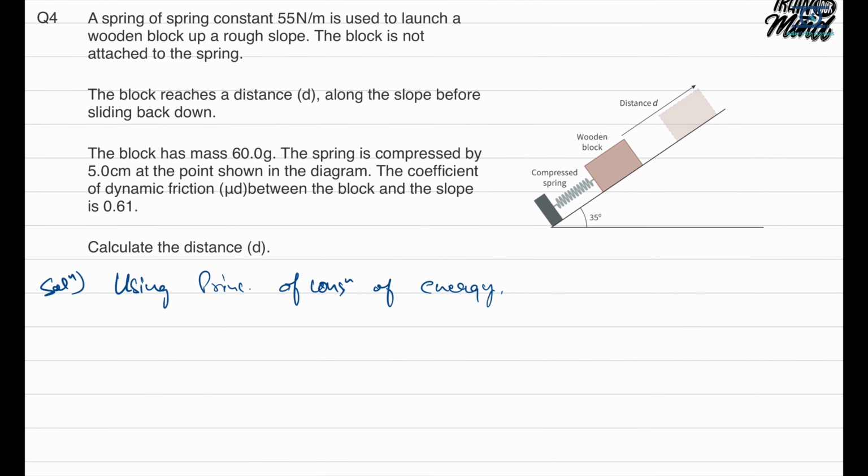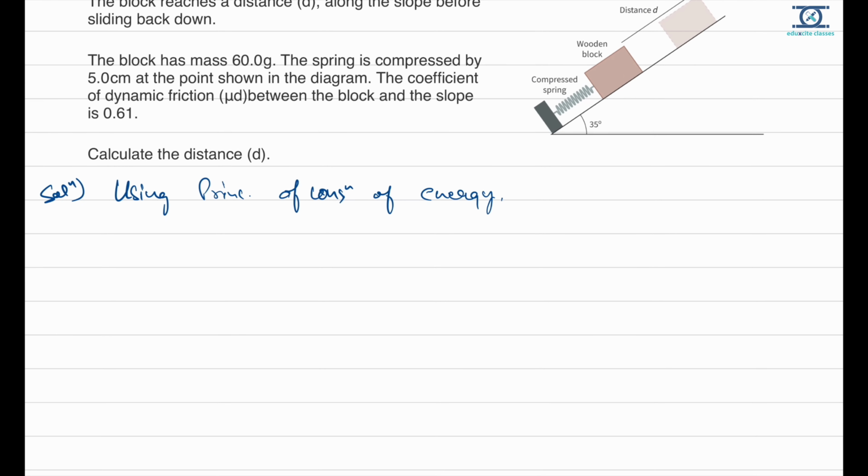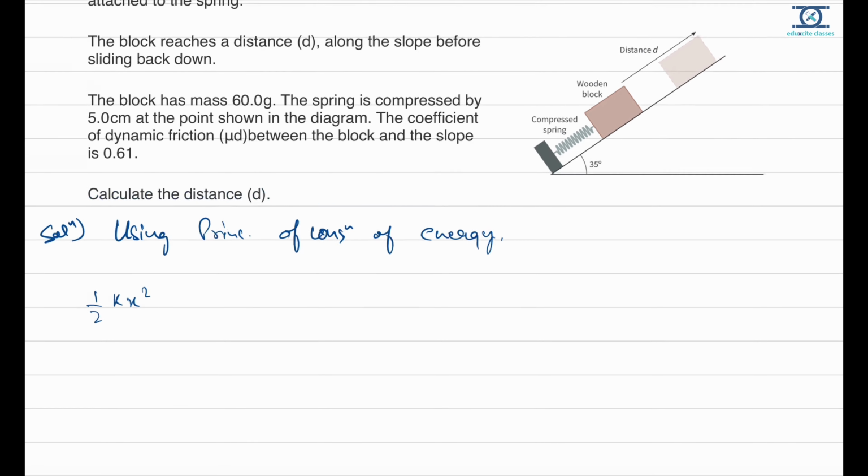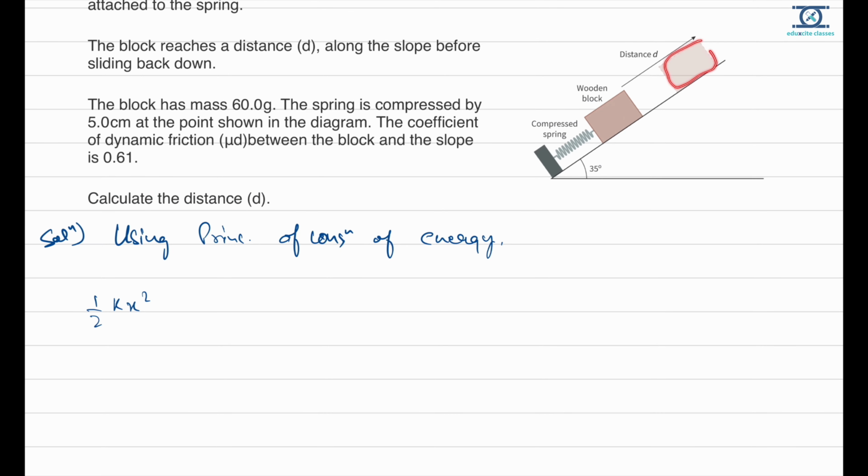So the initial energy is the energy in the spring, the elastic potential energy of the spring, which is half times k x square. Now this energy is moving and I am taking the total energy at this particular point. At this point it is just about to move back, so at the maximum distance the velocity will be 0, so there will be no kinetic energy.